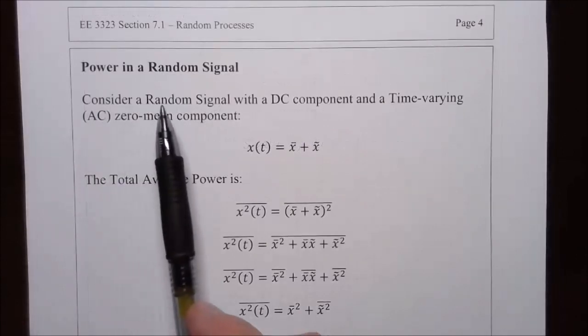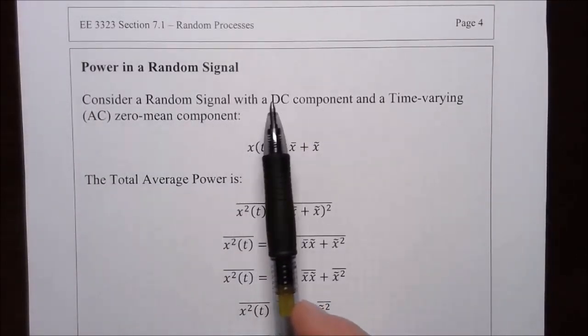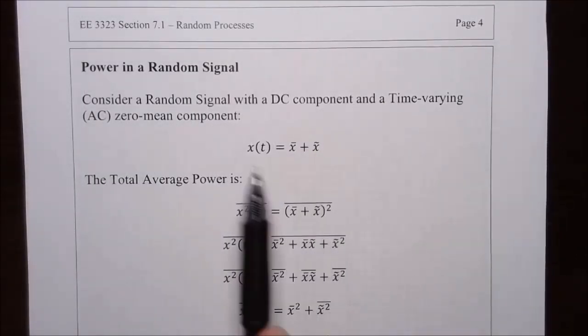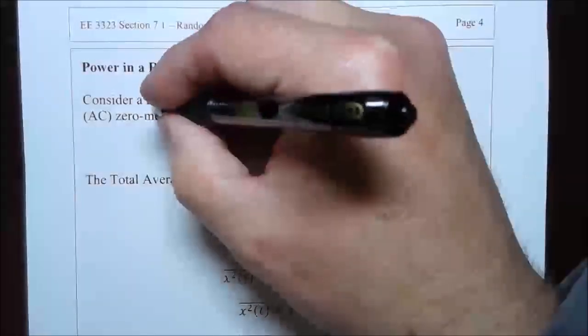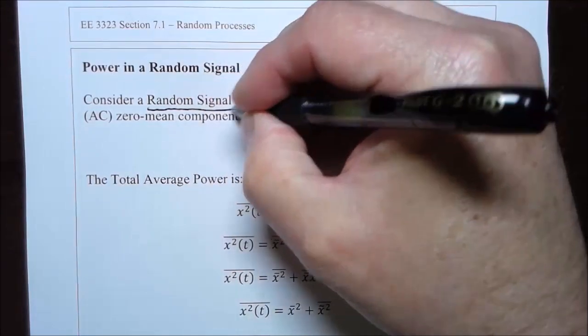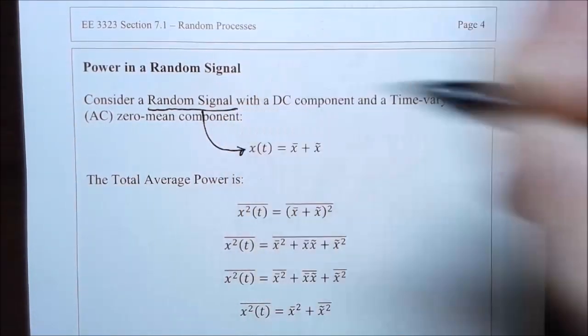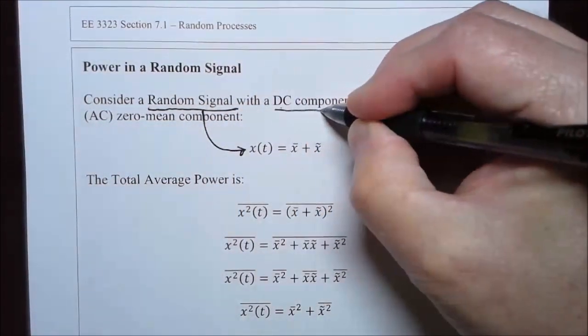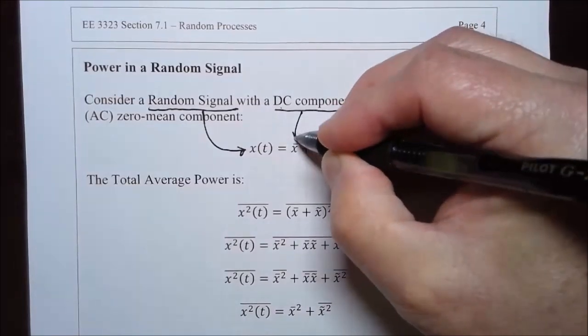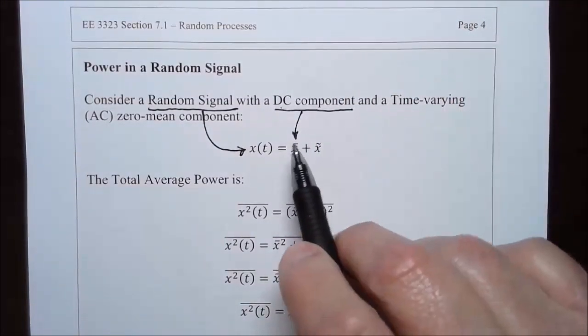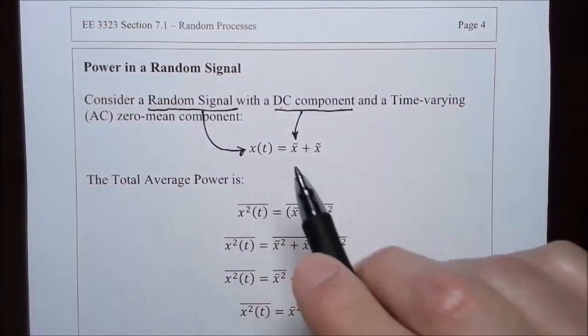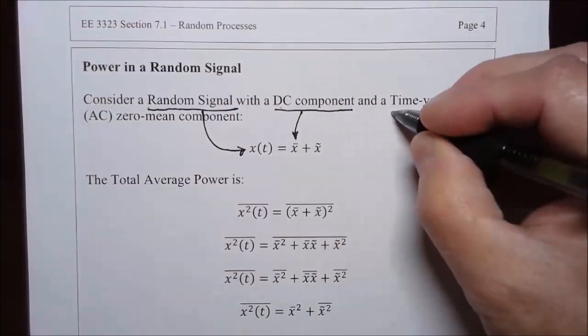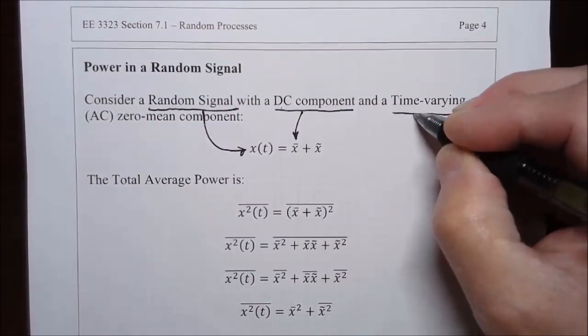Now let's consider a random signal with a DC component and a time varying component. So our random signal x of t has a DC component, which is x with a bar across the top. This is the mean value of our random signal. And it also has a time varying component.